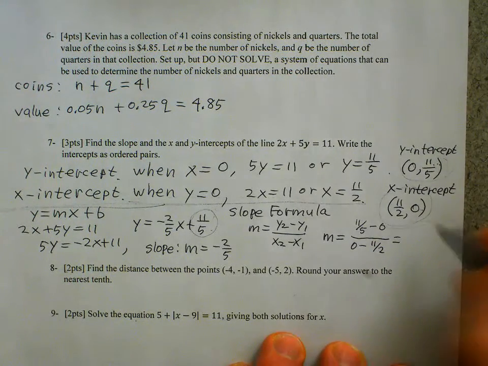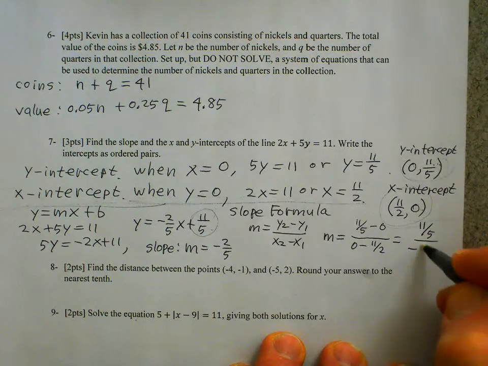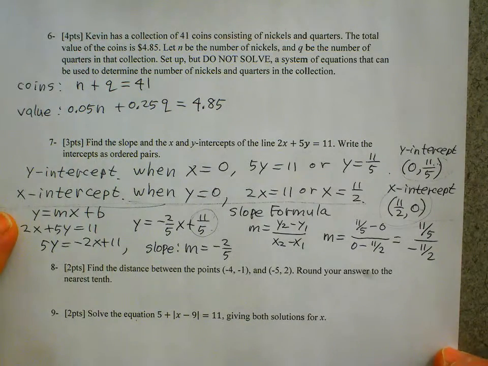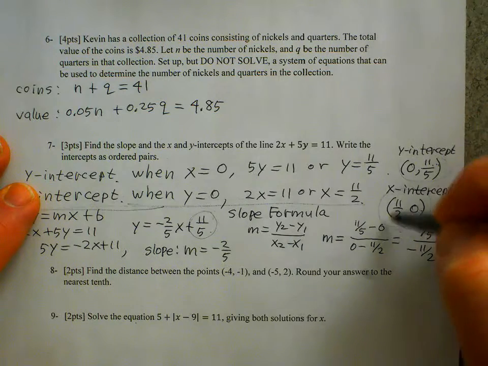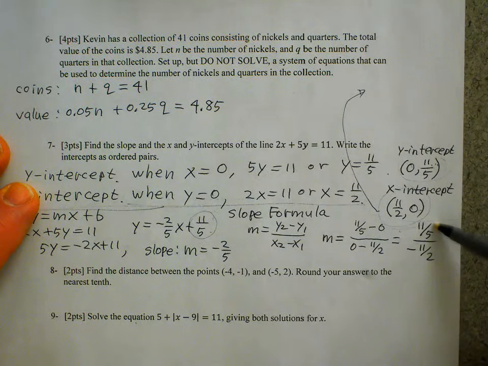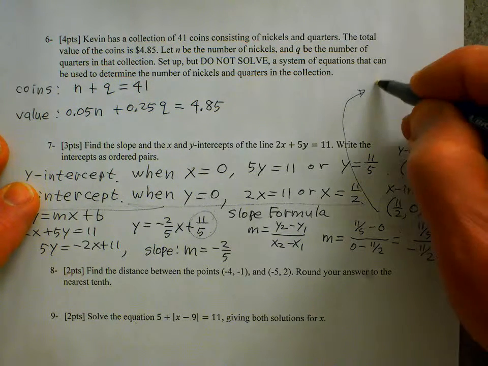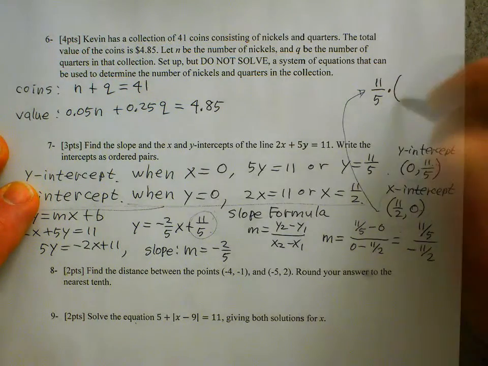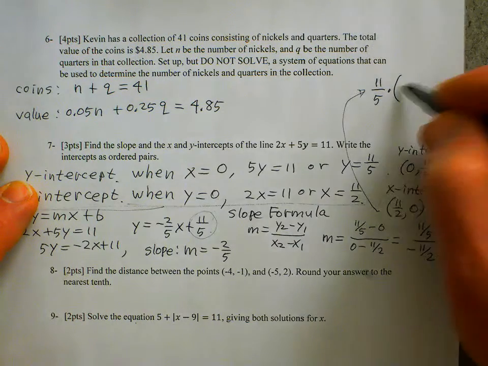So we get 11/5 divided by negative 11/2. I sort of run out of room here. Up here, I'll continue what we're doing. So 11/5 divided by negative 11/2 is equivalent to 11/5 multiplied by the reciprocal of negative 11/2, which is negative 2/11.